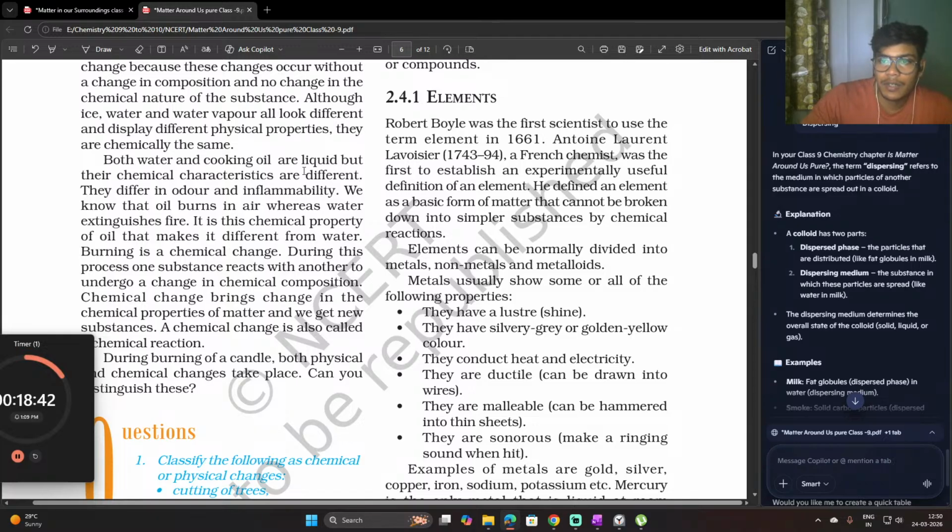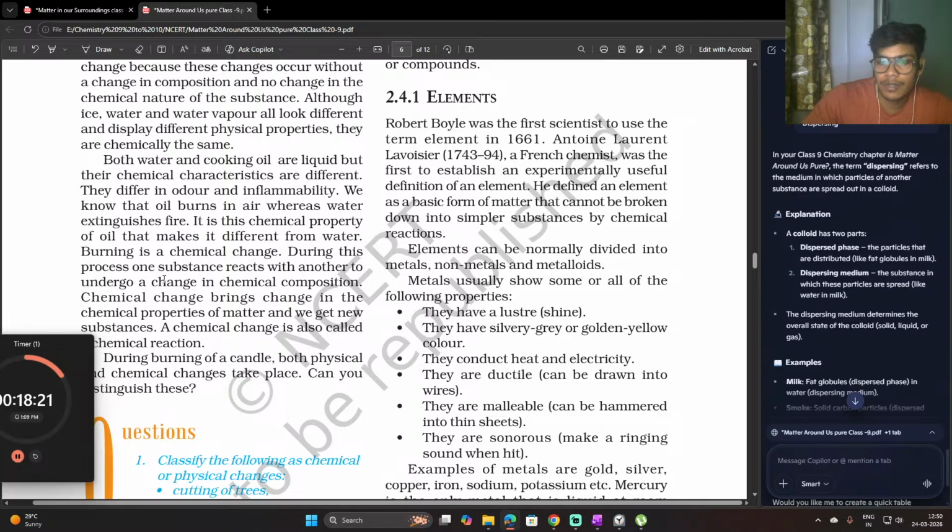Both water and cooking oil are liquid, but their chemical characteristics are different. They differ in odor and inflammability. We know that oil burns in air whereas water extinguishes fire. It is the chemical property of oil that makes it different from water. Burning is a chemical change.